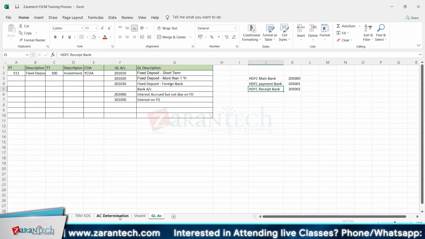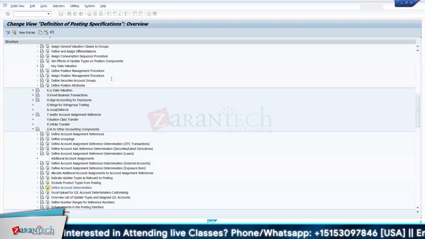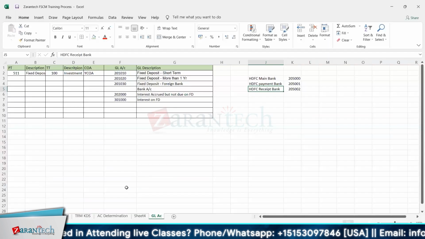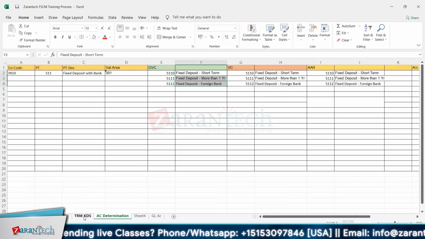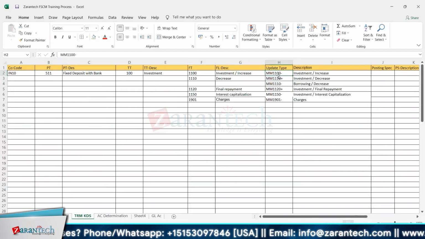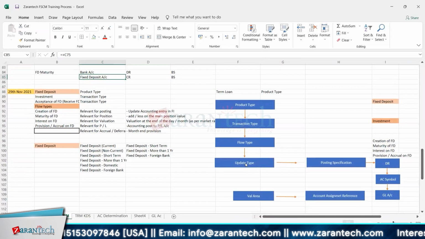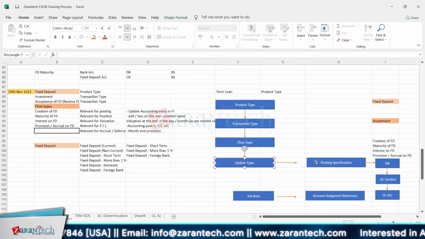Coming to the account determination now. In the account determination, you need to see my steps very carefully. First we will go to the main KDS, and here you see we have update type. Update type is linked with my posting specification, and in the posting specification I have the debit and credit indicator.